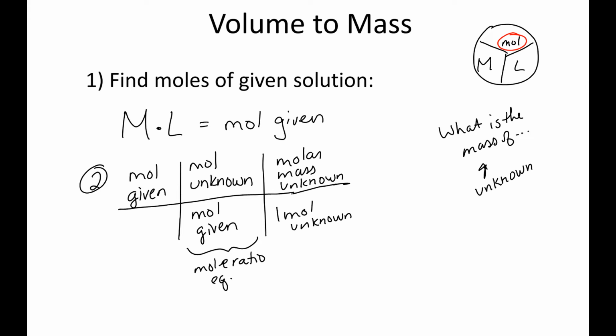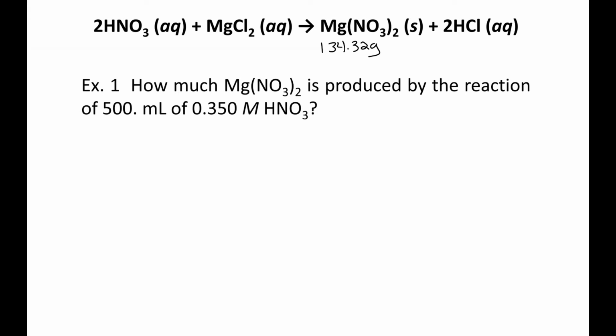Okay, let's try an example. It says, how much magnesium nitrate is produced by the reaction of 500 milliliters of 0.350 molar HNO3? Well, if you remember, in the molarity equation this has to be liters, so we're going to change it to liters.